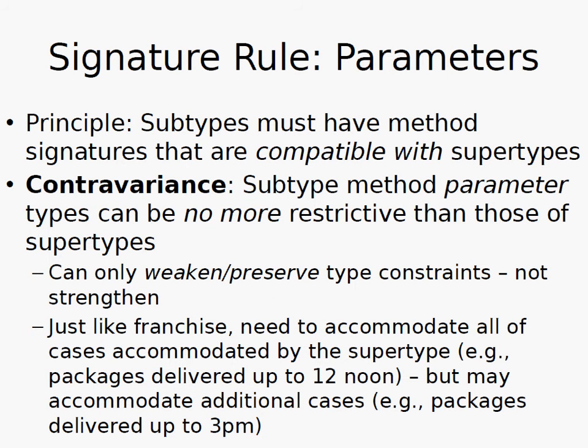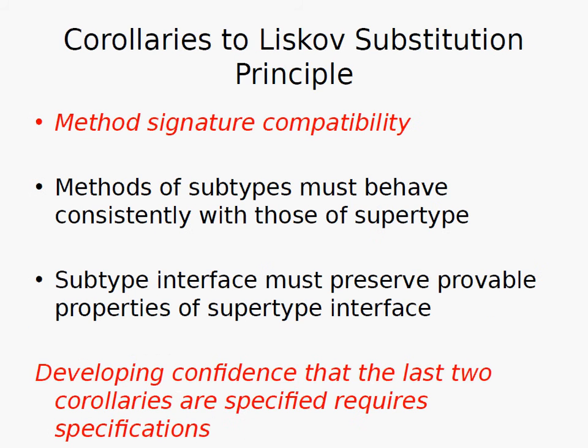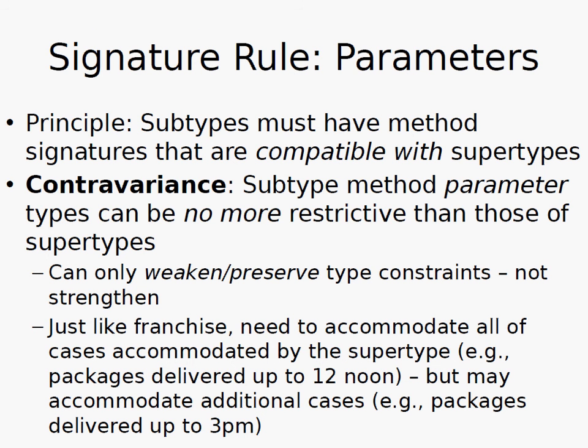Okay, so the rule for the Liskov substitution principle, ladies and gentlemen, having to do with the first of these criteria, method signature compatibility, is that subtypes have method signatures that are compatible with those of supertypes, okay? The idea here is that the subtype methods, the parameter values, can be no more restrictive than those of the supertypes.